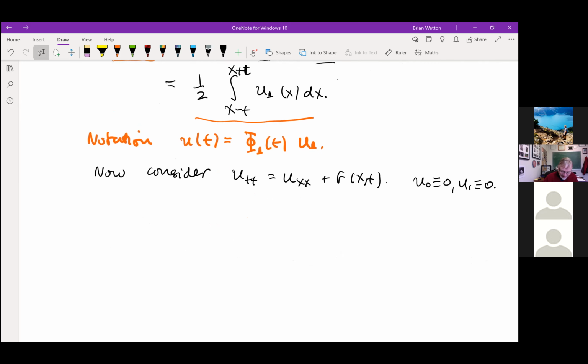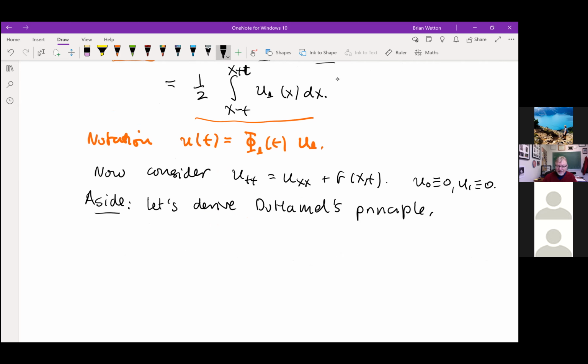So let's do an aside to figure out how we would use Duhamel's principle to solve this problem. Right, so let's derive Duhamel's principle. Because we kind of know Duhamel's principle, but only for first order equations.